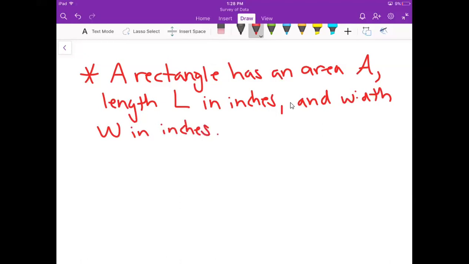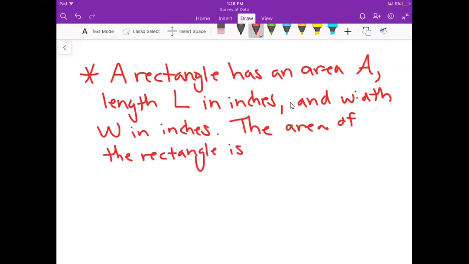Okay, so we have three symbols corresponding to this rectangle. So far, we don't know anything else about those symbols other than what they represent. We're given more information though. We're also given that the area of the rectangle we're looking at, we know what it is. It is 12 inches squared.